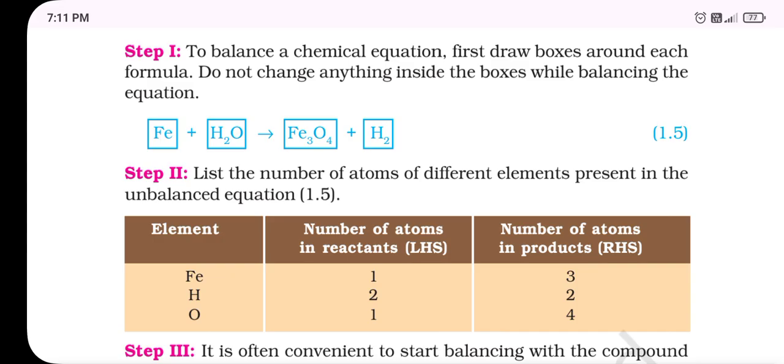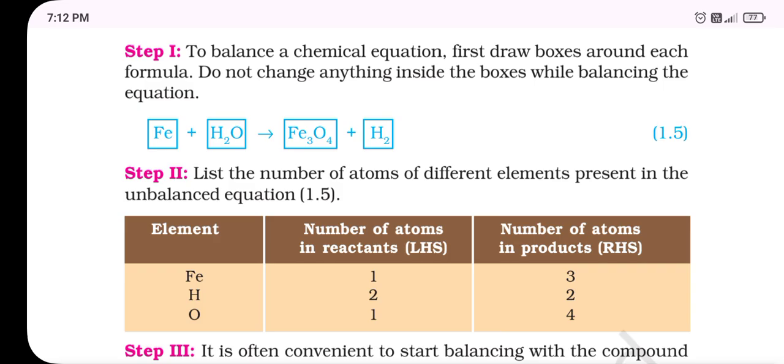Fe plus H2O forms Fe3O4 plus H2. Step 2 says: list the number of atoms of different elements present in the unbalanced equation 1.5. The elements are iron, hydrogen and oxygen.